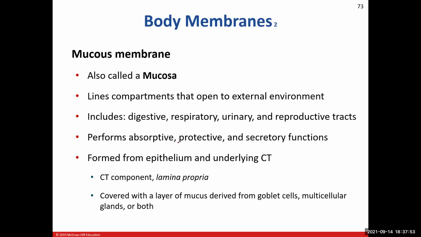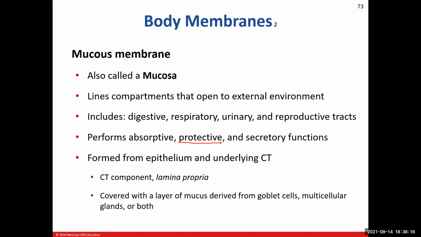Mucus is essential. We talked about it before when we were talking about the simple columnar epithelium in your digestive tract, the non-ciliated simple columnar epithelium. The goblet cells produce the mucin, turns it into mucus, and it's used for lubrication. Well, that lubrication has a protective function to it.